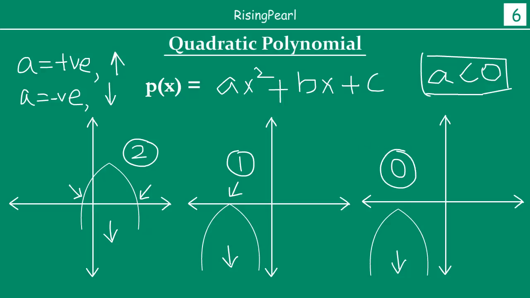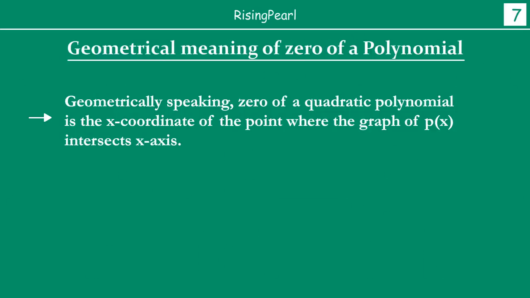So friends, as you have seen, we went through a lot of different scenarios. And what have we seen? We have seen that the reason we call it the zero or zeros of a quadratic polynomial is that it is the x coordinate of the point or points where the graph intersects the x-axis.